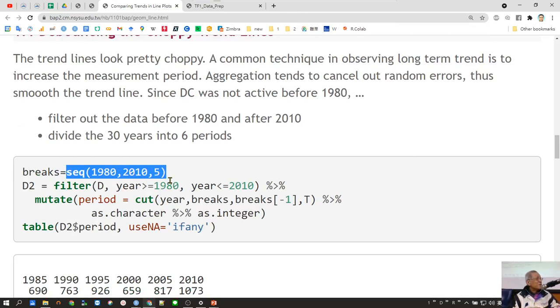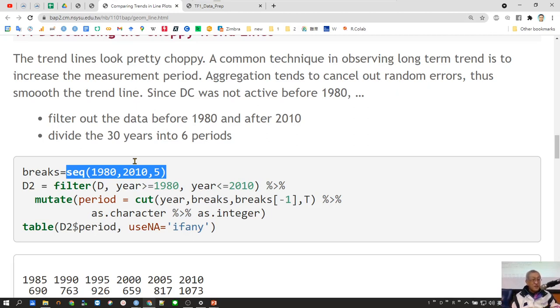Okay, what does it mean? Sequence 1980, 2010, and 5. So what does that mean? It means that I want to create a vector, starting from 1980, and then 1985, 1990, 1995, up to 2010, right?